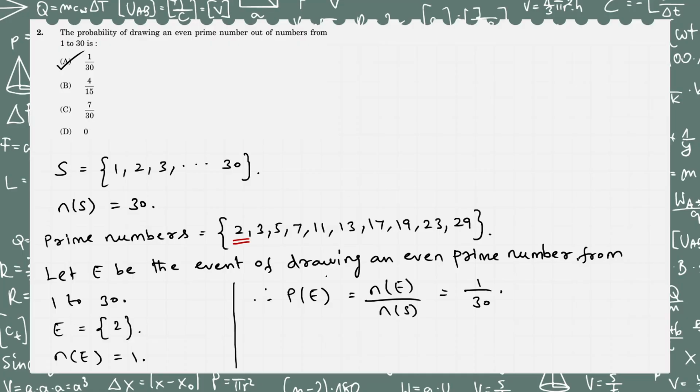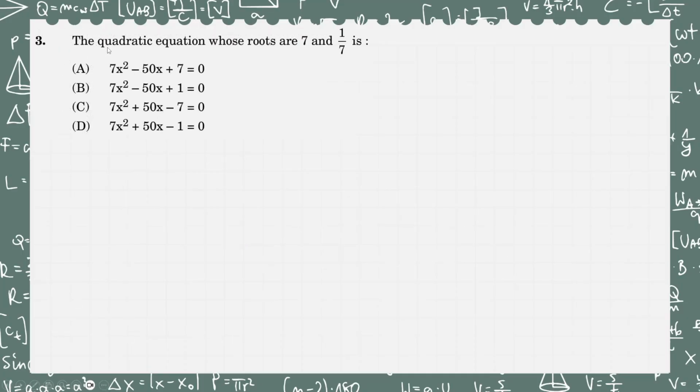Okay, let us move on to the next sum. The quadratic equation whose roots are 7 and 1 by 7 is. Okay, now let us recall the formula to find the quadratic equation.